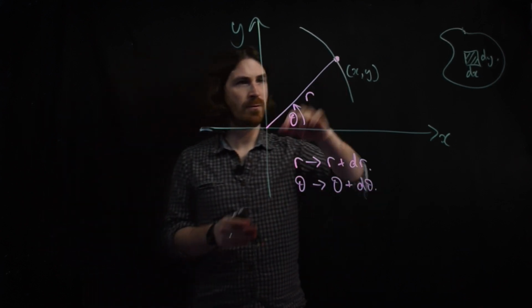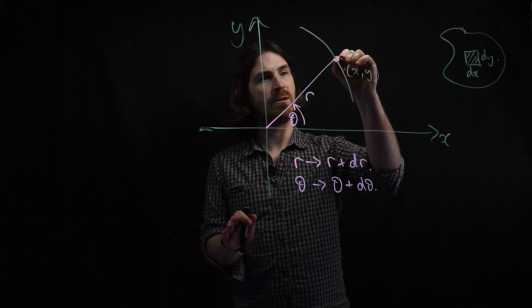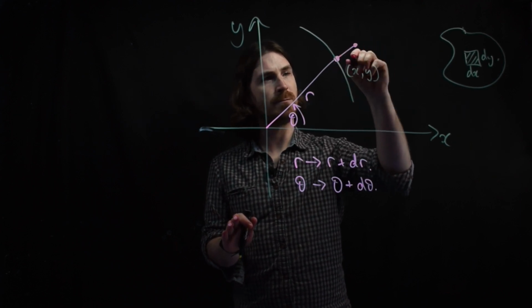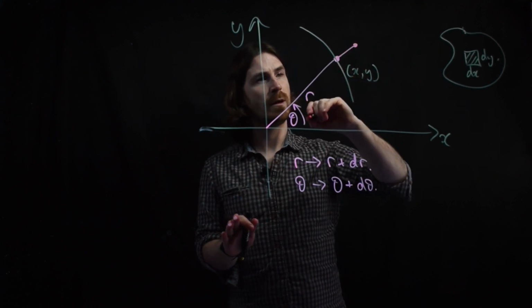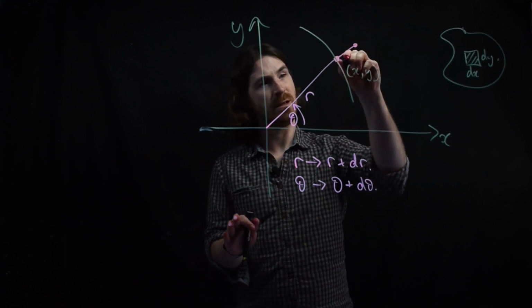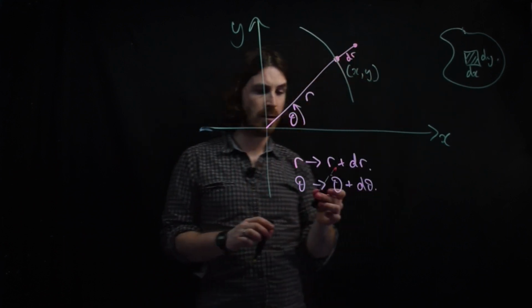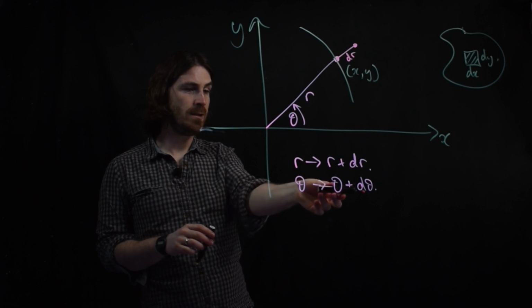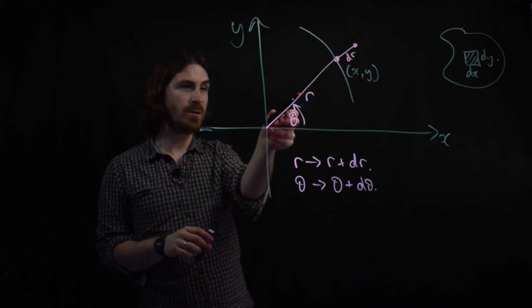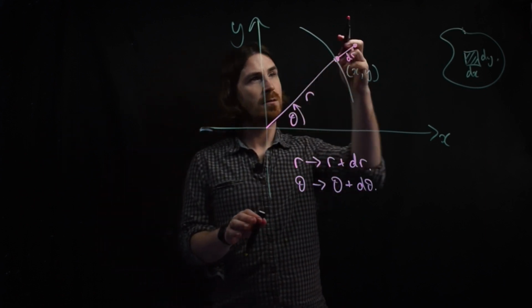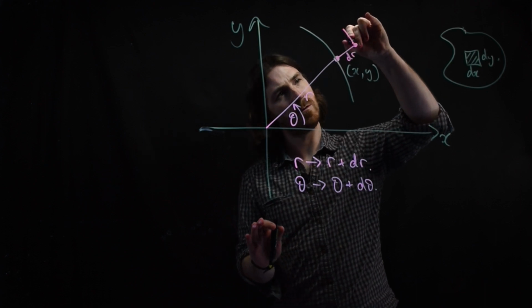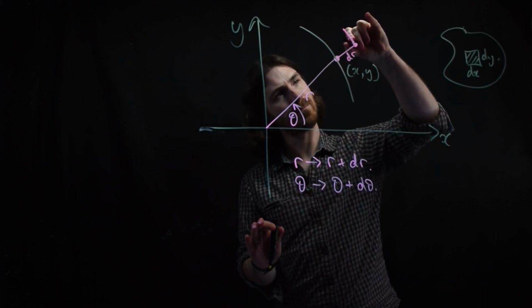If r goes to r plus dr, then we're at this point, where this length is just dr. And if we also change theta to theta plus d theta, then we move around the angle also.